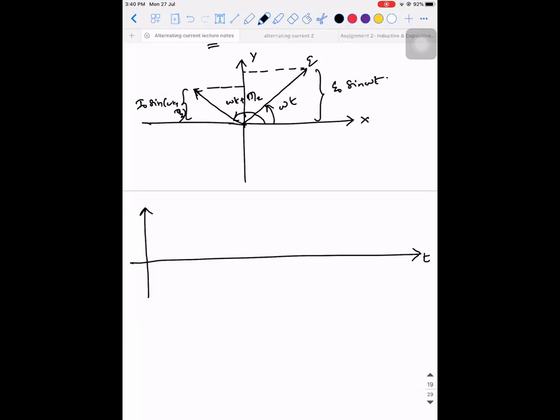Okay. So here I'm drawing the graph for EMF and current versus time. This graph is for E naught sine omega t, and this one is I naught sine of omega t plus pi by 2. What is the meaning of it?